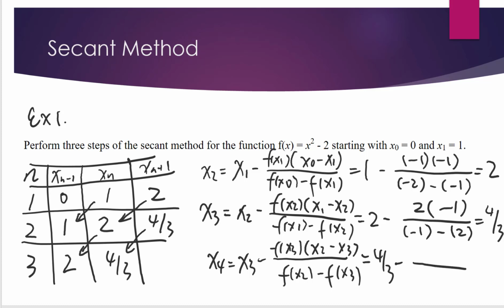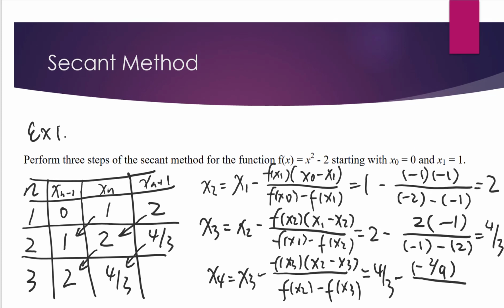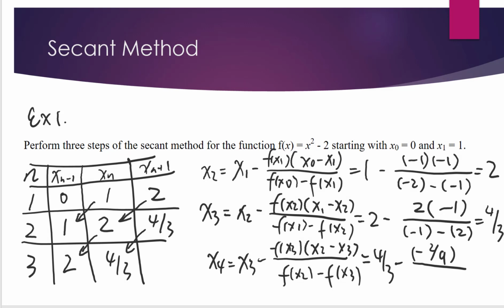So this will be equal to x3, which is 4 over 3, minus f(x3), which is 4 over 3 squared minus 2. So this is negative 2 over 9 times x2 minus x3, which is 2 minus 4 over 3, which is 2 over 3.